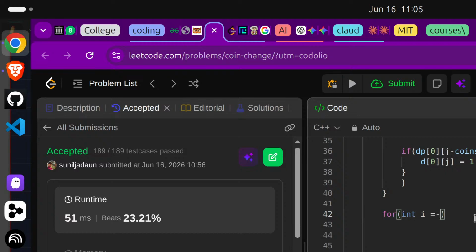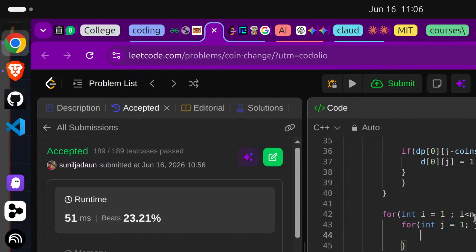For i is equal to 1, i less than or equal to n, i plus plus, and we have this for j is equal to 1, j is less than or equal to amount, j plus plus, right?